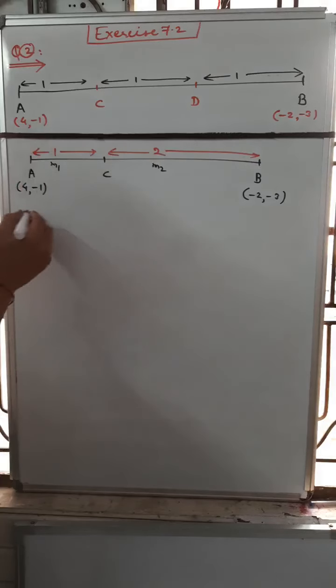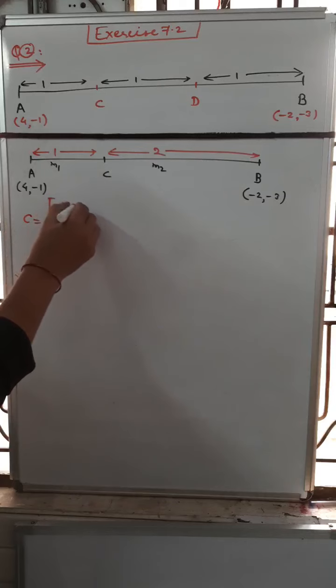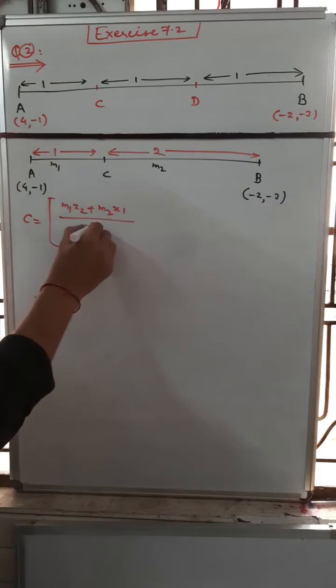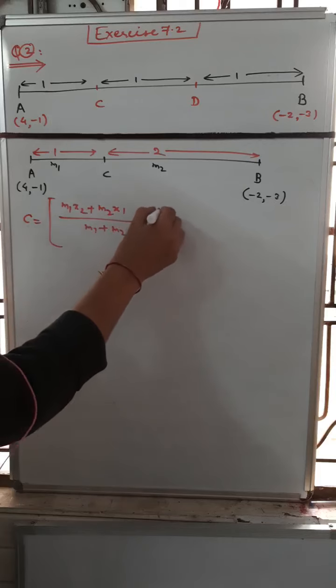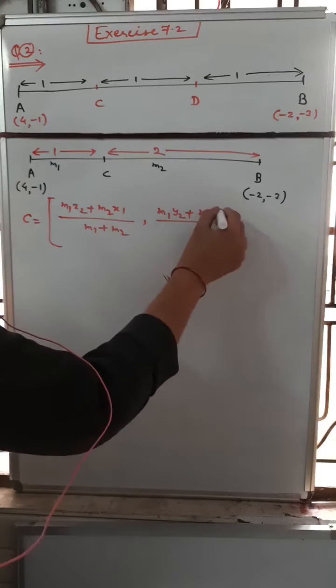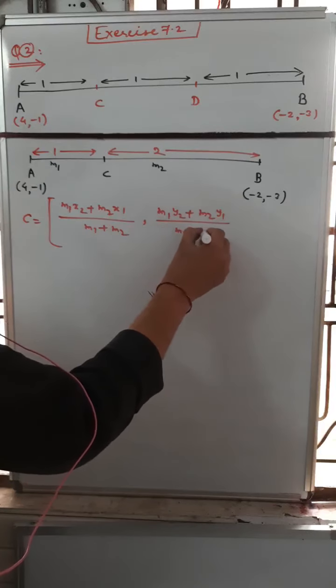So we use the formula for finding the coordinate of point C: we know that (m1 x2 + m2 x1) upon (m1 + m2), comma, (m1 y2 + m2 y1) upon (m1 + m2).